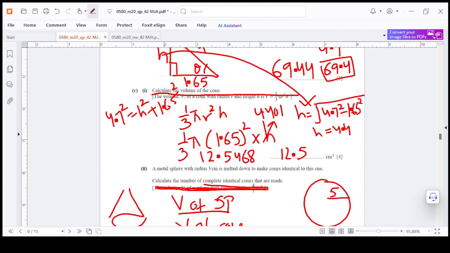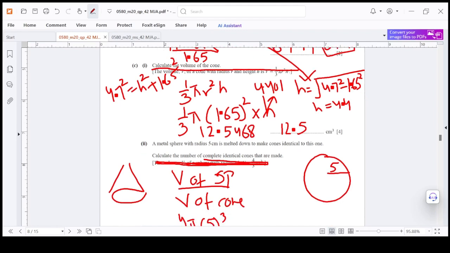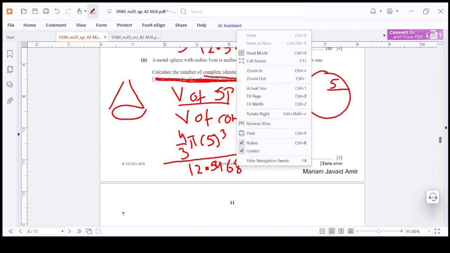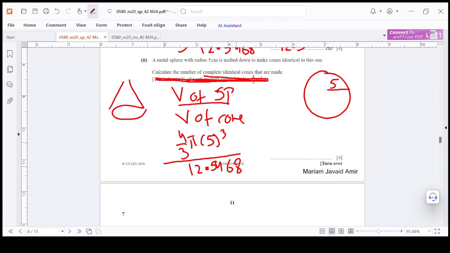Because if in the next part you have to use it again, you'll use the unrounded value and not 12.5. Hopefully this answer would still be flashing in your calculator. So you'll simply enter the numerator in the calculator and then divide by answer. So 4 by 3 pi times 5 cubed divided by answer, and it's giving me 41.73.